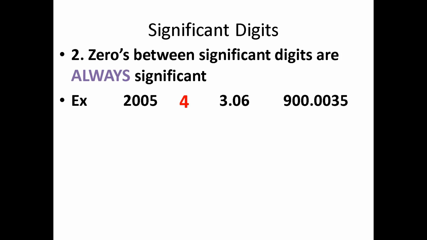Therefore, they count as significant, and there are 4. 3.06, there are 3. So notice that the decimal doesn't affect it one way or the other, not in the case of trapped zeros. 900.0035, all of them count as significant. So if they are trapped in between 2 significant digits, they count as significant.